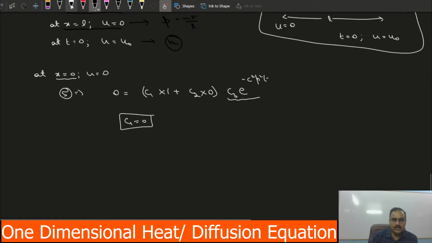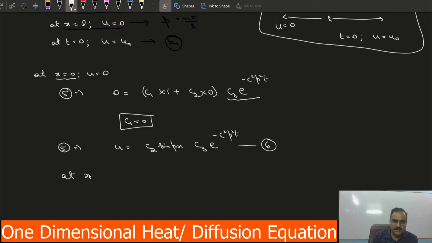Now substituting this value of c1 in given equation number 5, we get u = c2 sin px c3 e^(-c²p²t), and let it be equation number 6. Now next boundary condition is at x = L, u = 0.